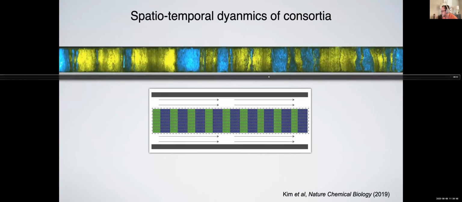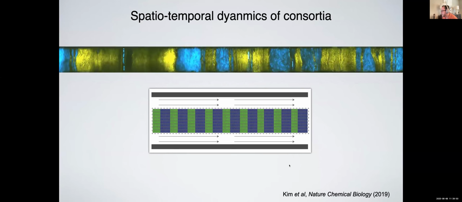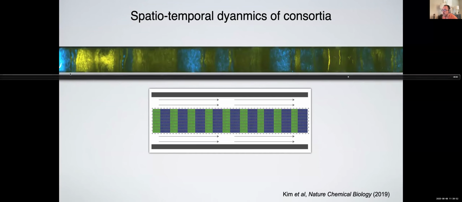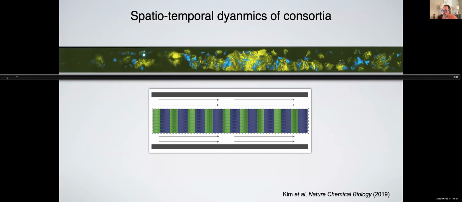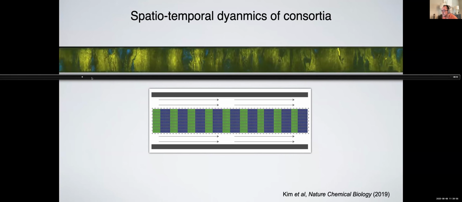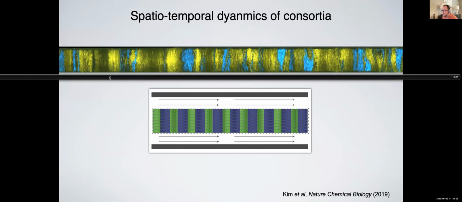So what we did with Jae Kyung about 5 years ago was to try to understand how it's possible that you get essentially synchronous oscillation in the entire trap, while signaling is essentially just local. So how is this coordinated?